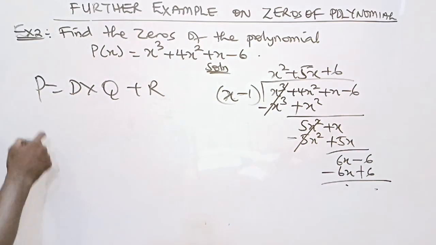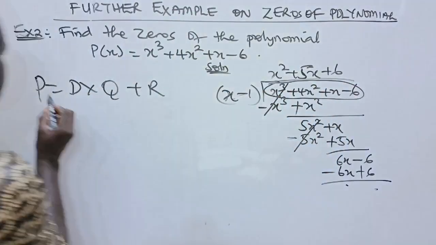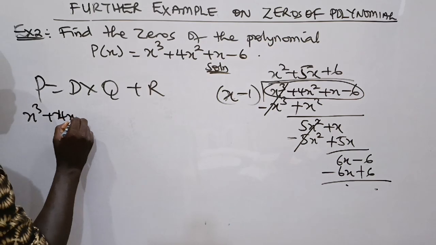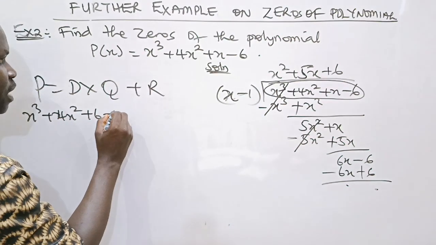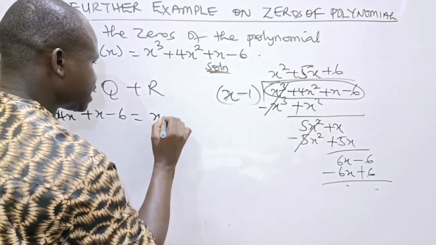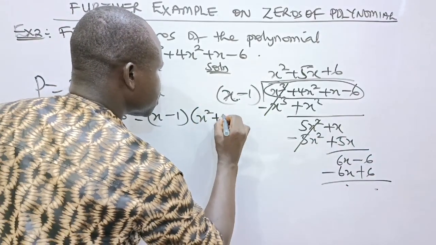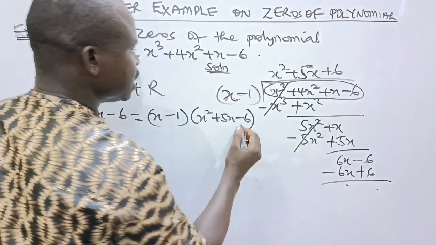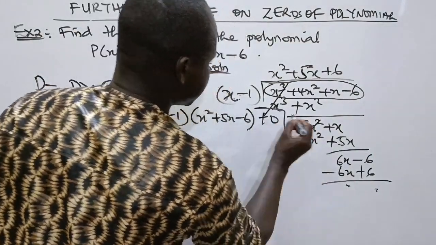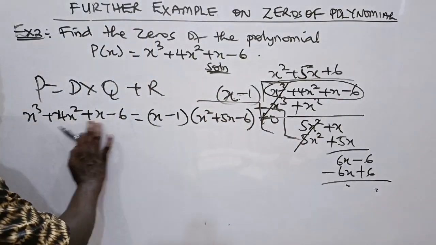So f of x, which is the polynomial p, x cubed plus 4x squared plus x minus 6, is the same thing as the divisor x minus 1 multiplied by the quotient x squared plus 5x minus 6, then plus the remainder. In this case, the remainder is 0, so this will vanish. This polynomial is the same thing as this.